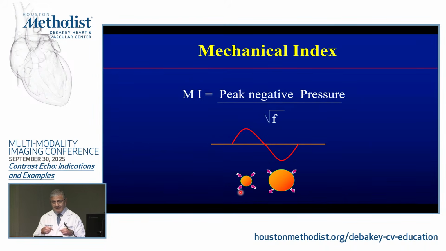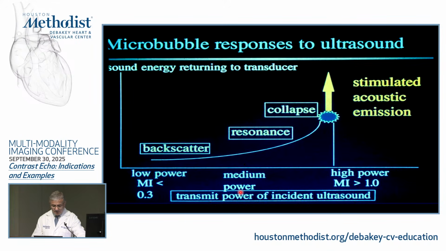So if you have a regular mechanical index and you're imaging contrast without altering any of your settings, you will destroy quite a bit if you use the regular imaging. So what are we talking about? Mechanical index, we talked about it in the first lecture. A mechanical index greater than 1, that's the unit, if you will, is very high, so you're going to destroy quite a bit of these microbubbles.